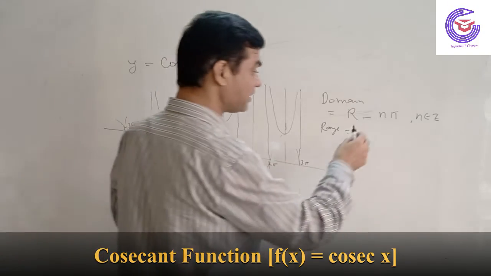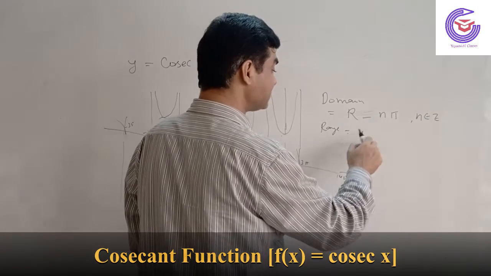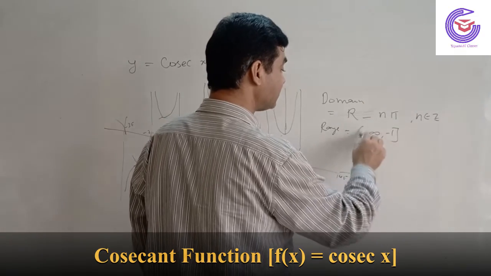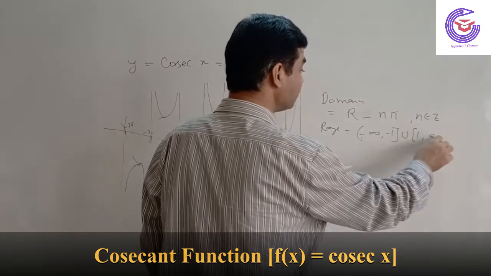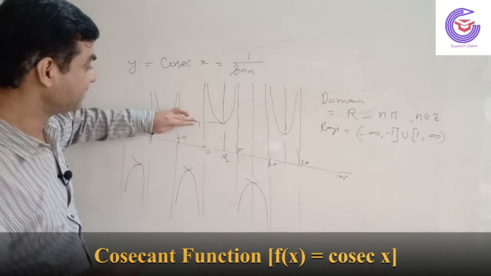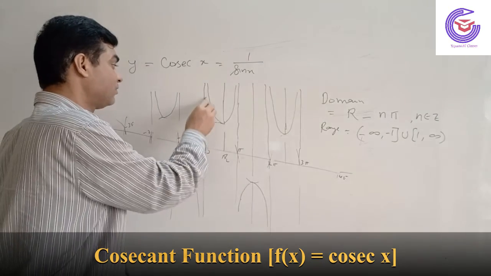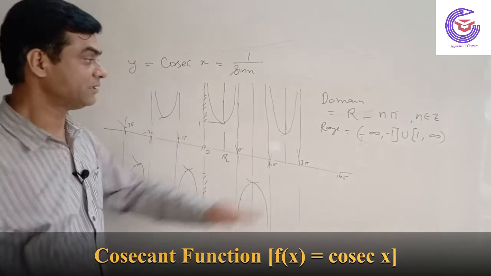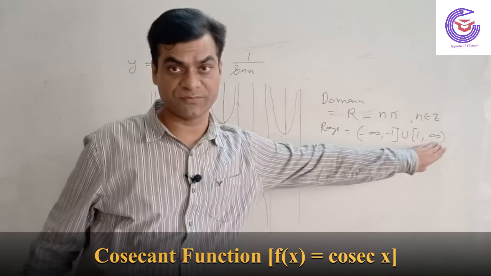From the graph, it is minus infinity to minus 1 union 1 to infinity. This y is varying from 1 to infinity, or here minus 1 to minus infinity. So minus infinity to minus 1 union 1 to infinity.